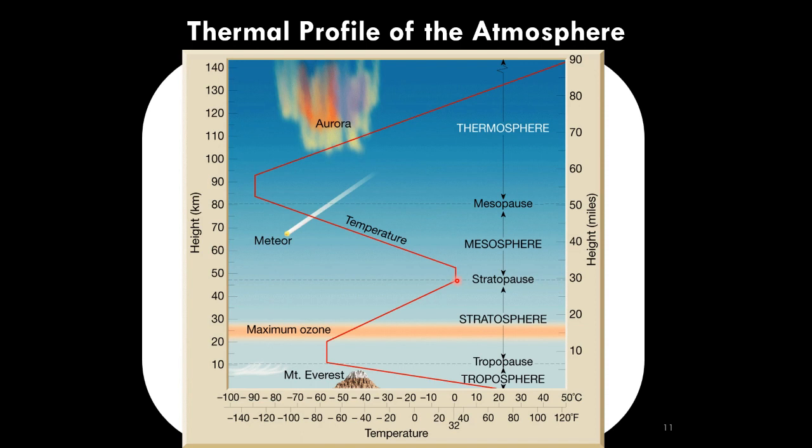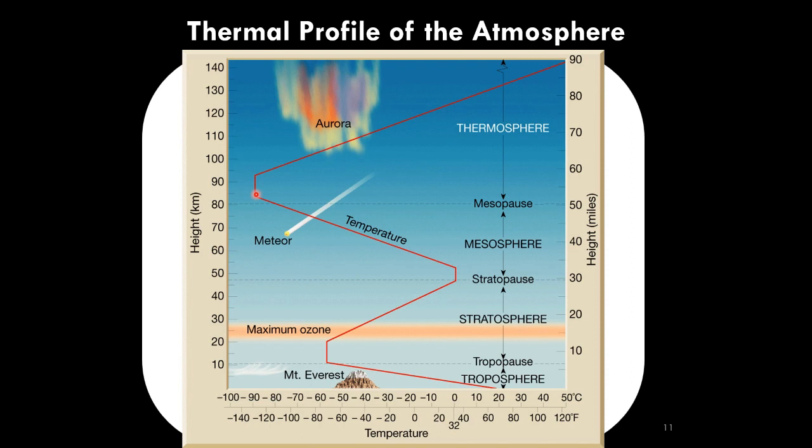In the mesosphere, it gets progressively colder with altitude. In fact, the top of this layer is the coldest place found within the Earth system. It is about maybe negative 90 degrees Celsius, right? So that's very cold.